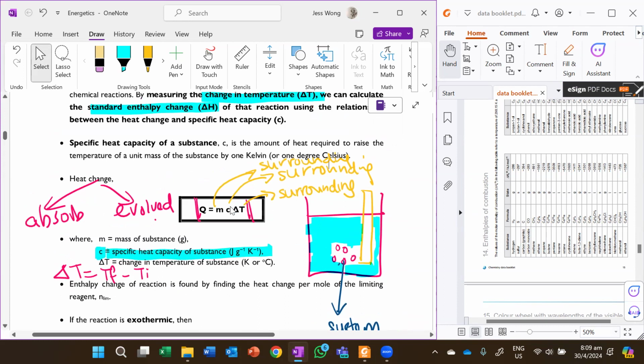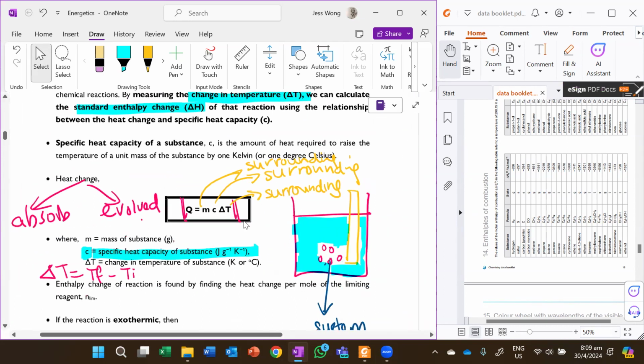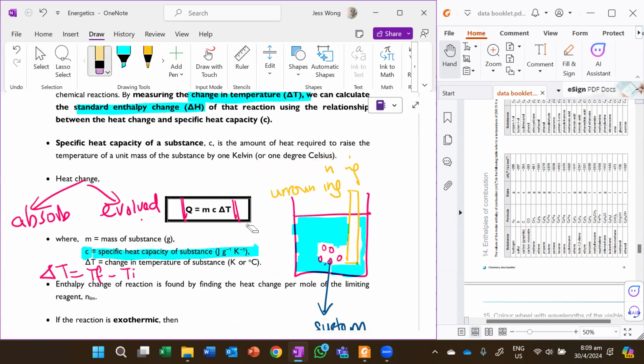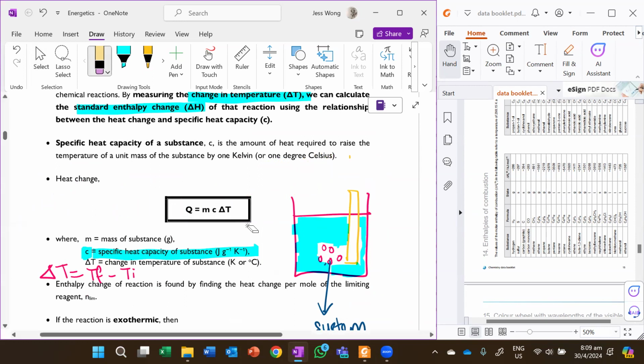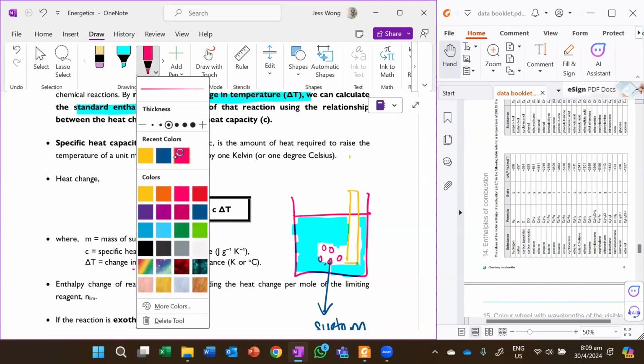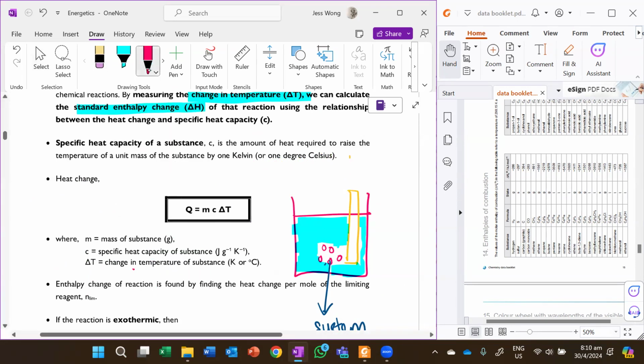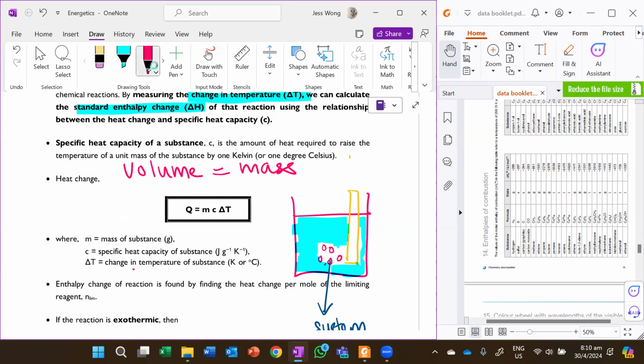Now you'll find that nobody takes water to a measuring balance and measures the mass. So we will never measure the mass of a liquid. For liquids, what we always do is measure volume. In this case, we are assuming volume is equal to mass, and we will sub in the volume as the mass.